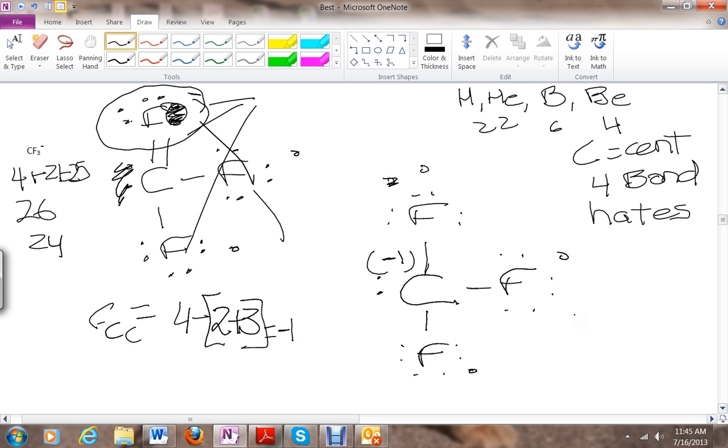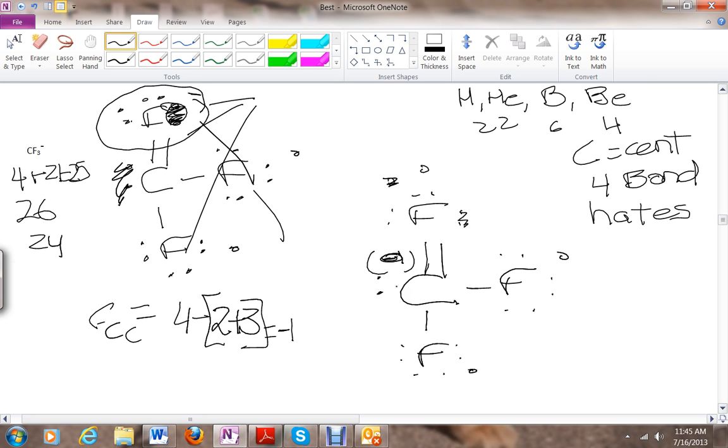Can you have that? What we've been doing, that's what I was going to get to, is, oh yes, you cannot have that because fluorine is more electronegative than the carbon, and carbon shouldn't have a lone pair and shouldn't have a negative charge. So let's say I move it over here, okay? Now here's the problem.